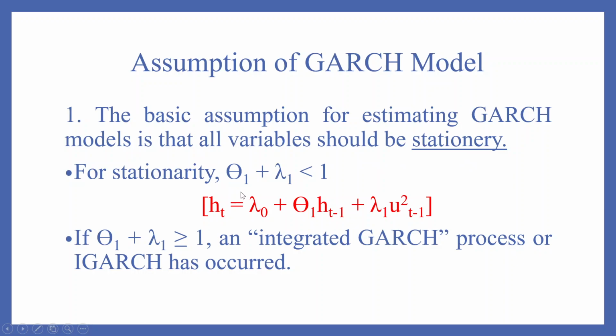For stationarity, it is necessary that theta 1 plus lambda 1 should be less than 1 in the variance equation. This plus this, the coefficients theta 1 plus lambda 1, its value should be less than 1. If theta 1 plus lambda 1 is greater than or equal to 1, an integrated GARCH process, or IGARCH, has occurred. Now let's proceed further.